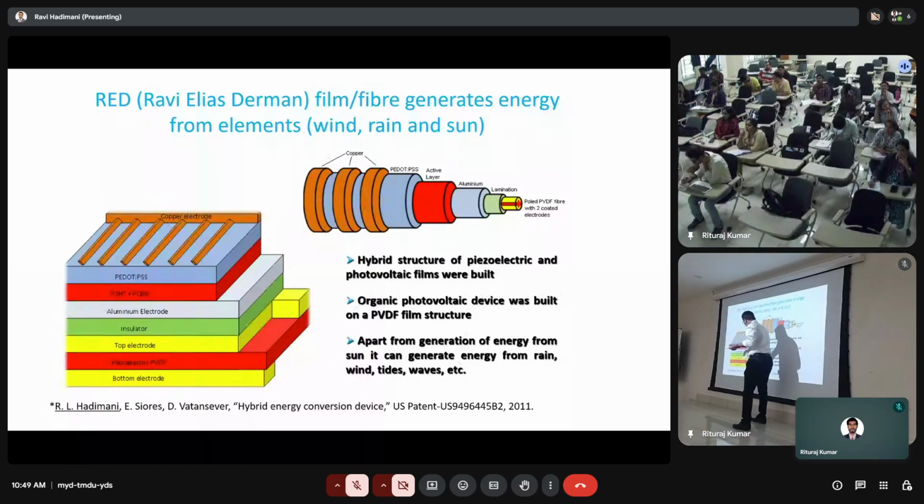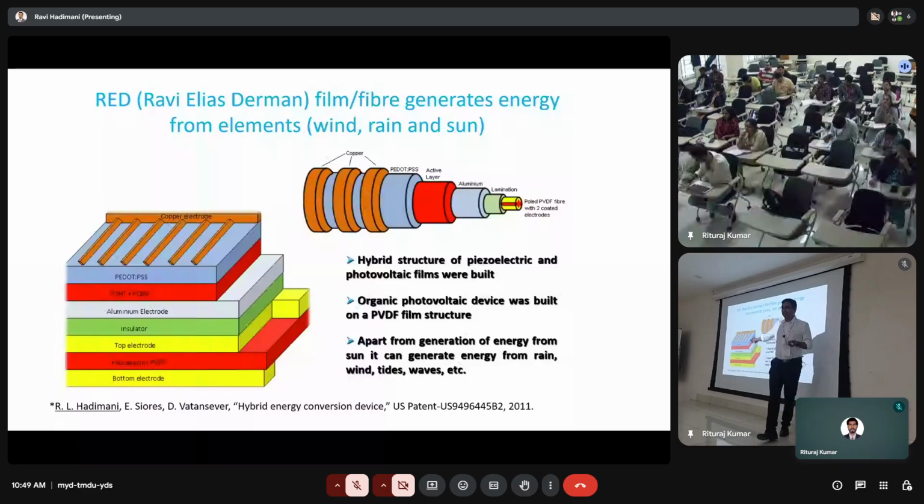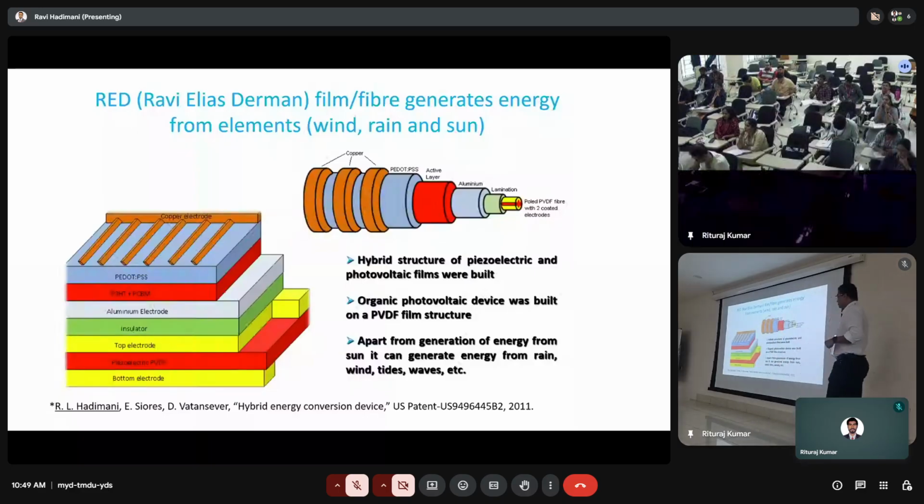And that's what we did here. And this is a hybrid piezoelectric and photovoltaic device that generates electricity from wind or rain, and that top part generates from sunlight.